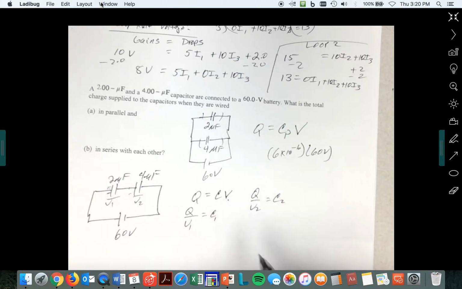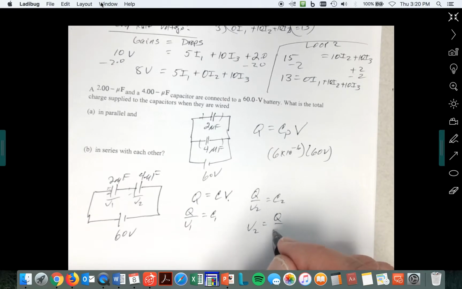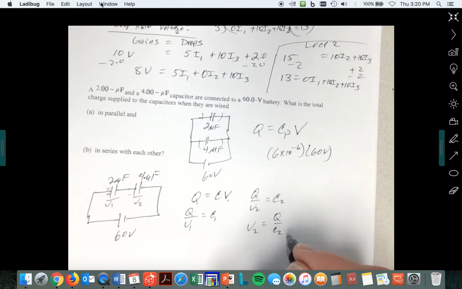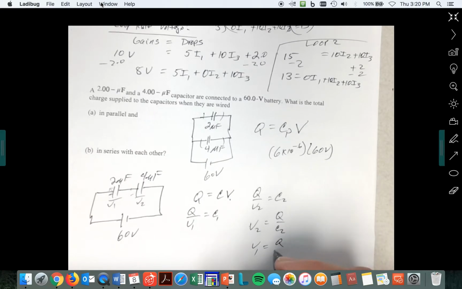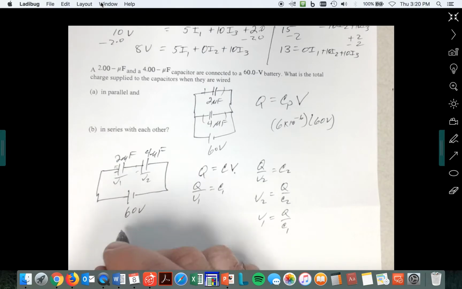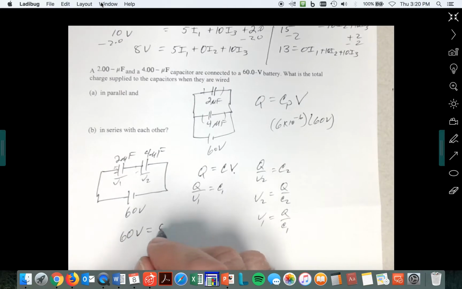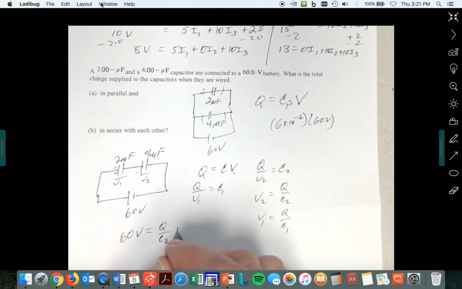Well, I don't know what Q is, so I've got to find the total charge. So V2 is equal to Q over C2, and V1 is equal to Q over C1. I'm trying to find the total, and I know that 60 volts is equal to Q over C2 plus Q over C1.